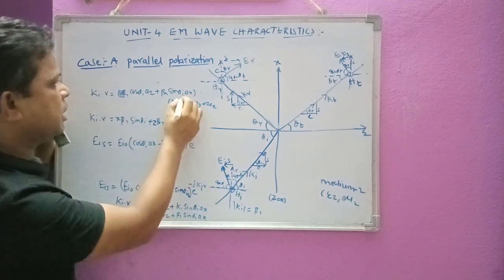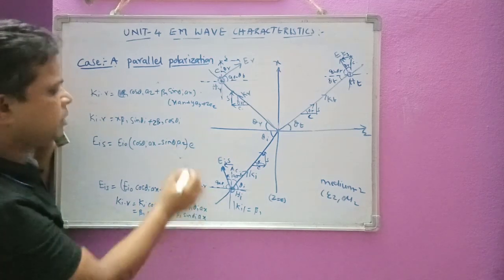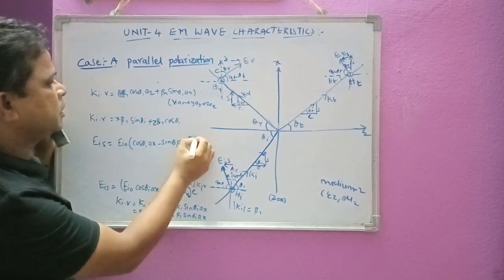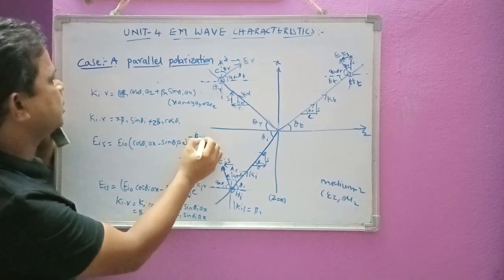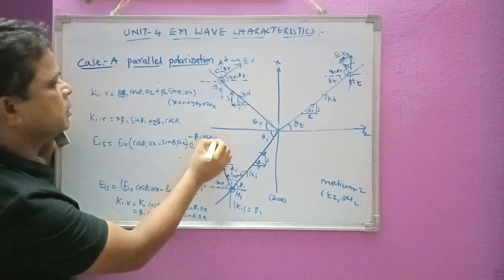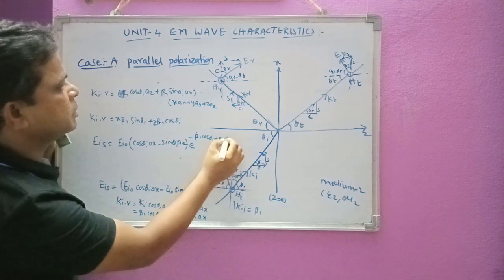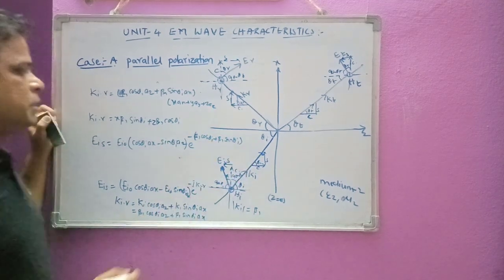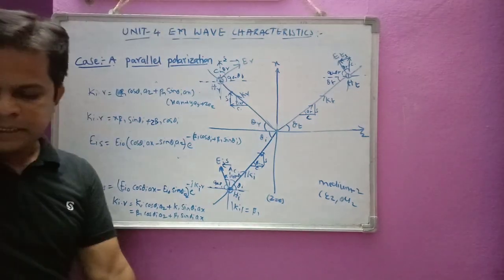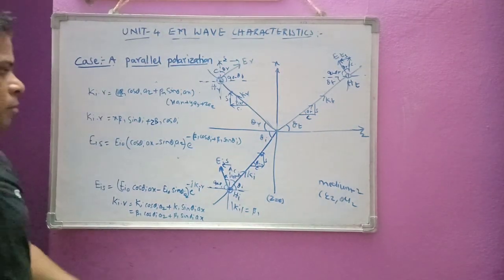Into e power minus j, this k_i dot r means I take beta 1 common: beta 1 cos theta_i z plus beta 1 sin theta_i x. So this is equation 1 here, E_iS. This we need to remember.